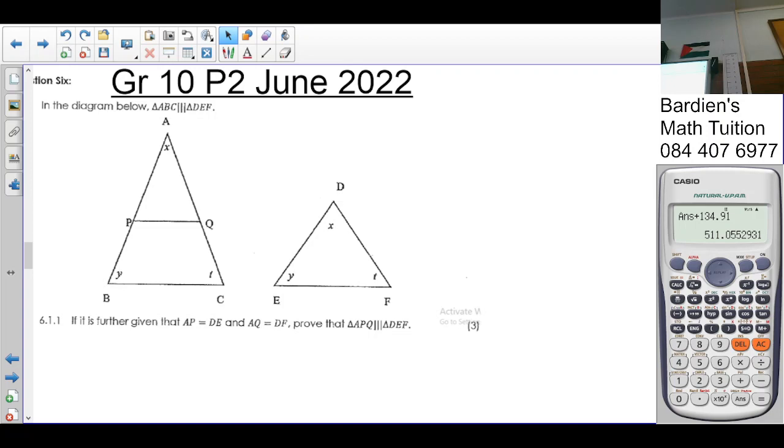If it's further given that AP, up here, is equal to DE, and AQ is equal to DF, you are required to prove that triangle APQ is similar to triangle DEF.